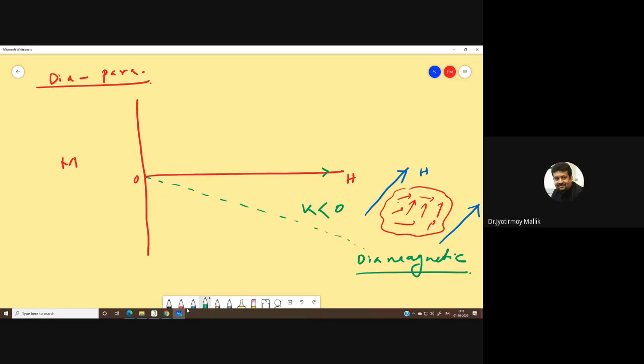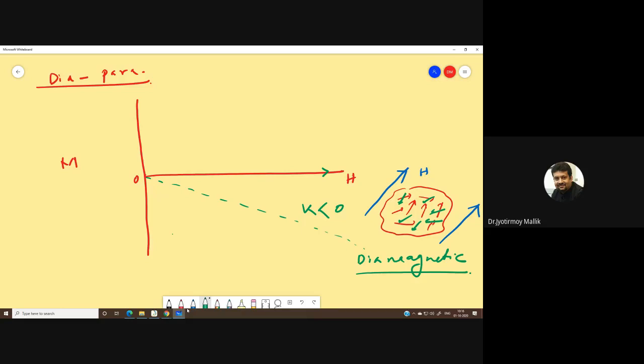It's feebly magnetic, but the magnetization will happen opposite to the direction of H, and such materials we call diamagnetic.